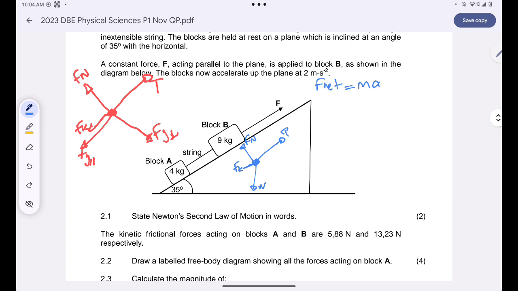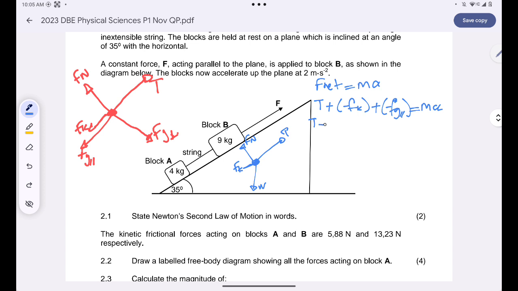So we have tension plus the negative frictional force plus a negative Fg parallel, all equal to ma. Why are they negative? Because they are opposing the direction of motion. Are you together?